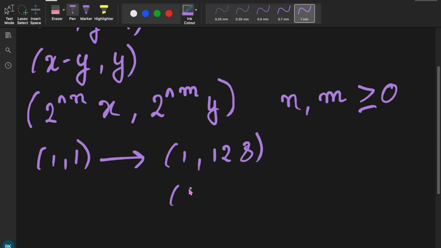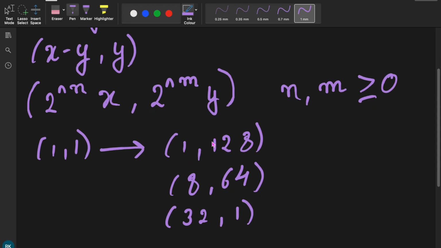We can also reach 8 comma 64, 8 is a power of 2, 64 is also a power of 2. We can also reach 32 comma 1. So from 1 comma 1, we can reach 2 to the power something comma 2 to the power something. So basically at x comma y, both x and y will be some power of 2.